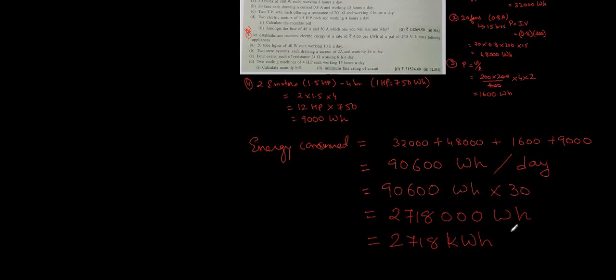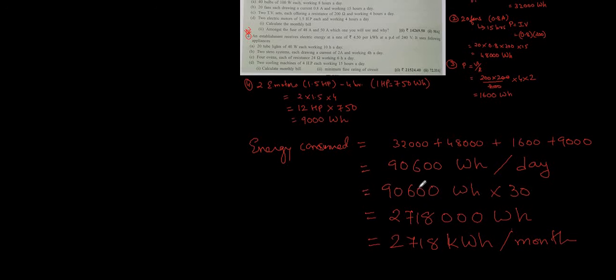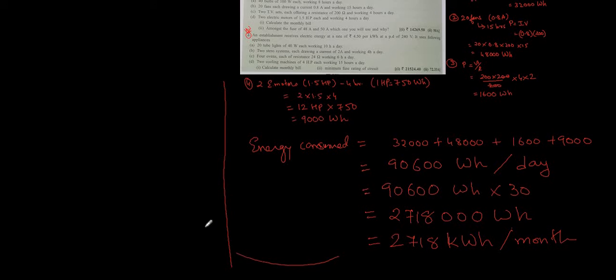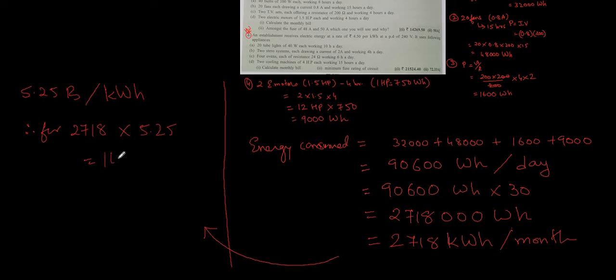So this is for the month, and how much is it going to charge? So I am taking this side, it is 5.25 rupees per kilowatt hour. Therefore for 2718 multiplied by 5.25, that will be how much? 14,269.50 rupees. This is my monthly bill.